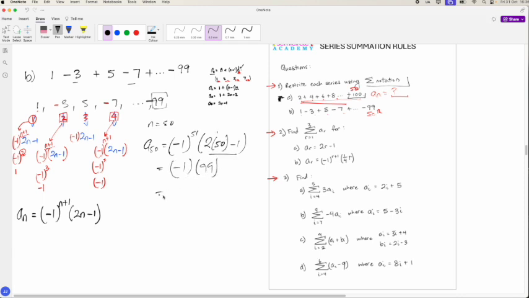And so we will get negative 99. So yes, 99 is the 50th number. So therefore, I could say that the summation from n is 1 to 50 of negative 1 to the n plus 1 times 2n minus 1. So this one was definitely a challenge.